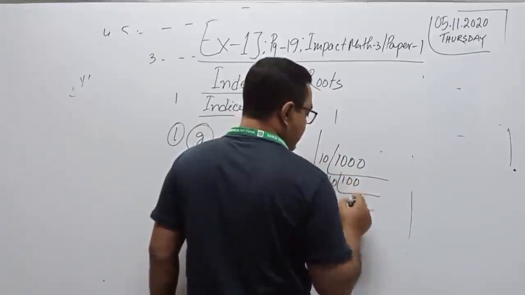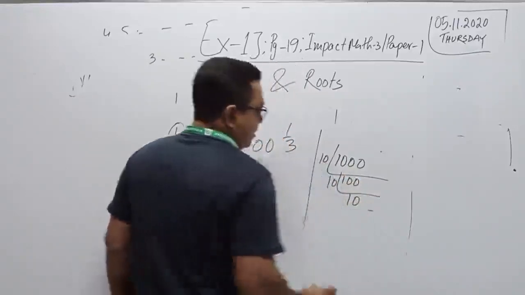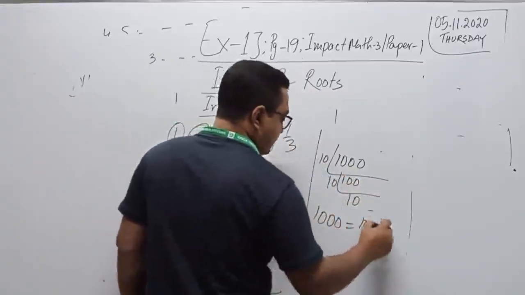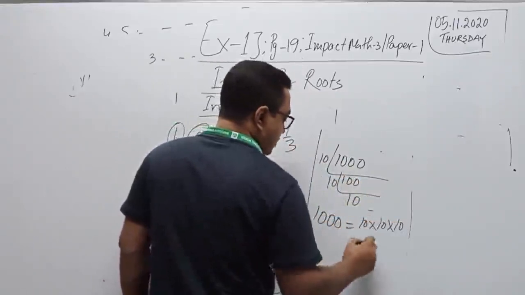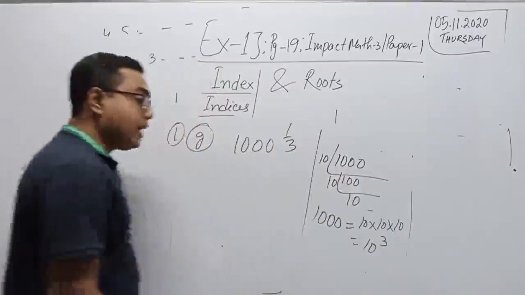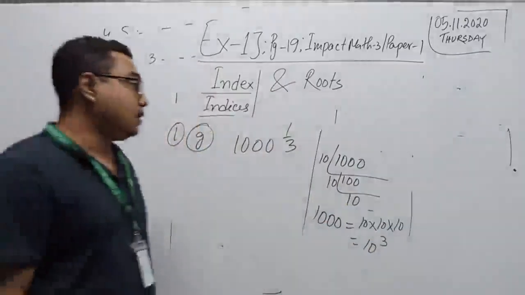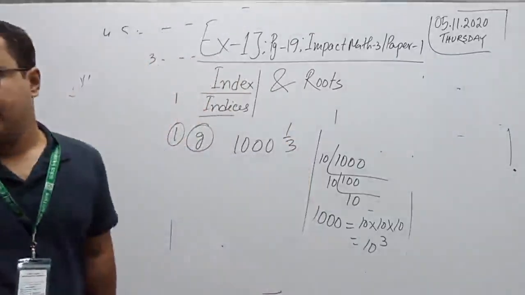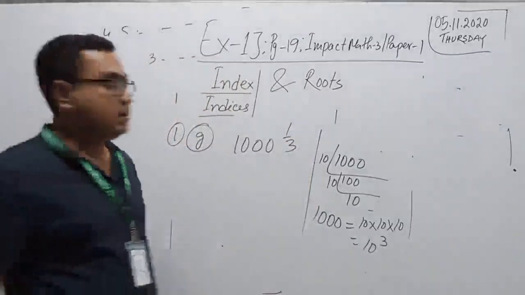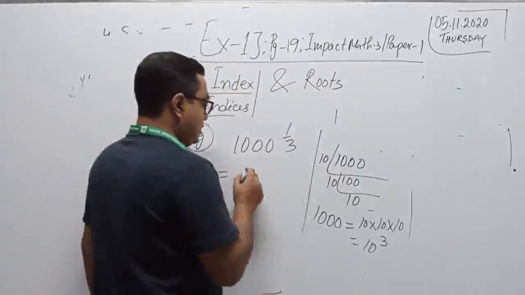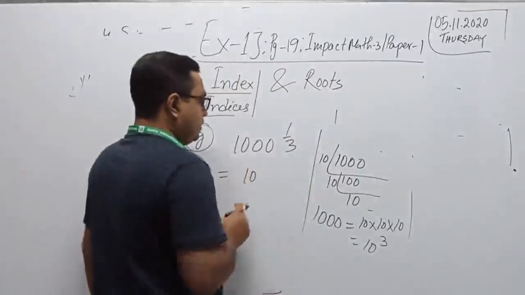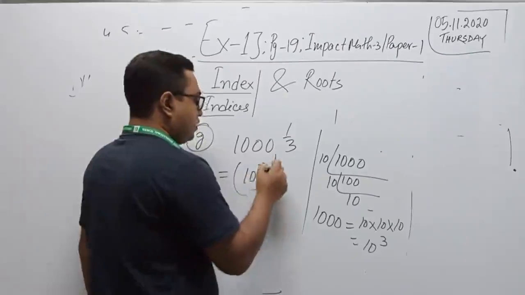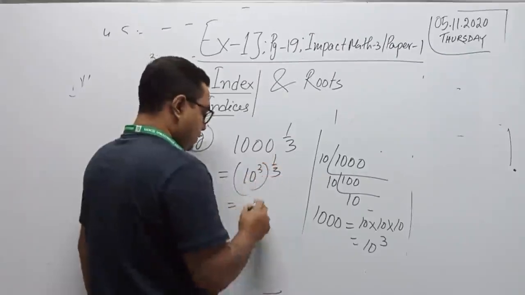If I divide it by 10, I'll get another 10. So 1000 is equal to 10 into 10 into 10. So 10 to the power 3. Why do I use this 10? Because here it is to the power of 1 by 3. Then 10 to the power of 3, to the power of 1 by 3.